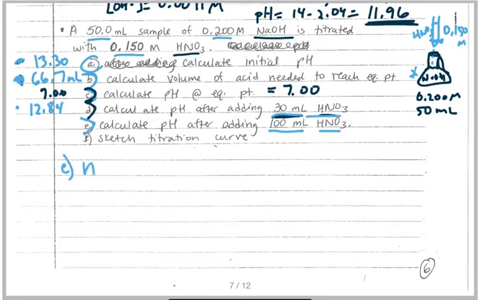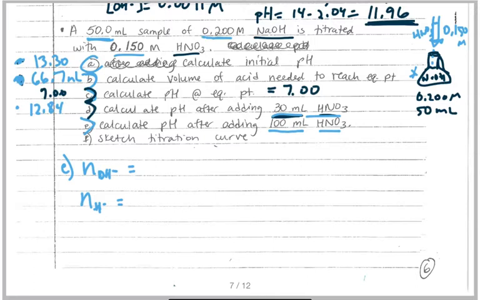So again, we're just going through the steps. We're figuring out how many moles of hydroxide and how many moles of hydrogen we have. The moles of hydroxide are not changing. We have a fixed volume and concentration.